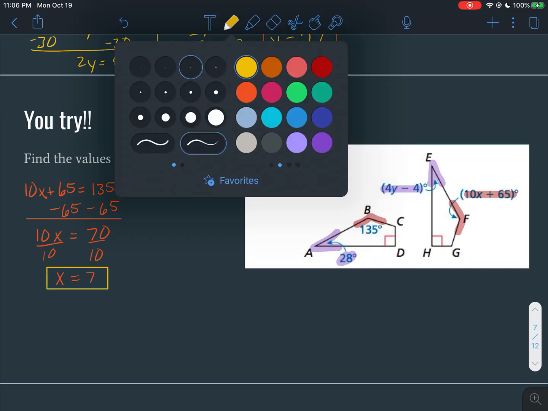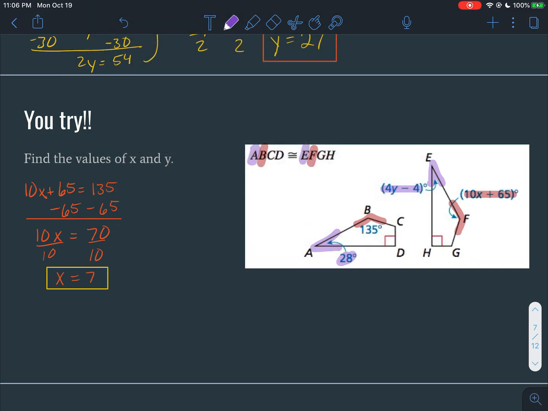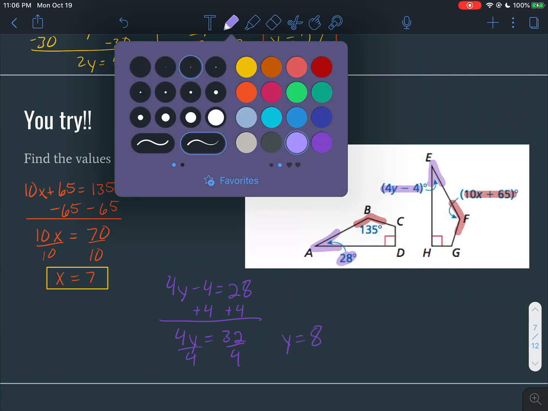Okay? So 4y minus 4 equals 28. Add 4 to both sides. So 4y equals 32. Divide both sides by 4. So y equals 8.